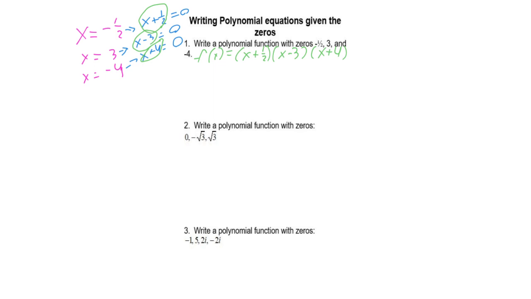But we're going to start off the exact same way. We want to write a polynomial function with zeros of 0, negative square root of 3, and positive square root of 3. So x is equal to 0. That's simply going to stay as x equals 0.